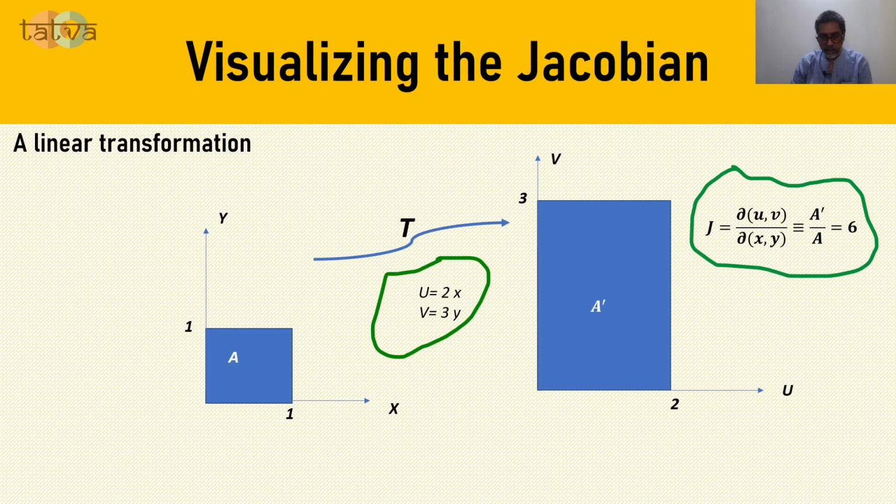So A prime by A gives us 6 by 1, which is 6. The Jacobian, if you calculate it through the determinant, produces the same number. So this is a very simple way you can interpret the Jacobian, but for linear transformations. When we have nonlinear transformations, J is very likely to be non-constant.